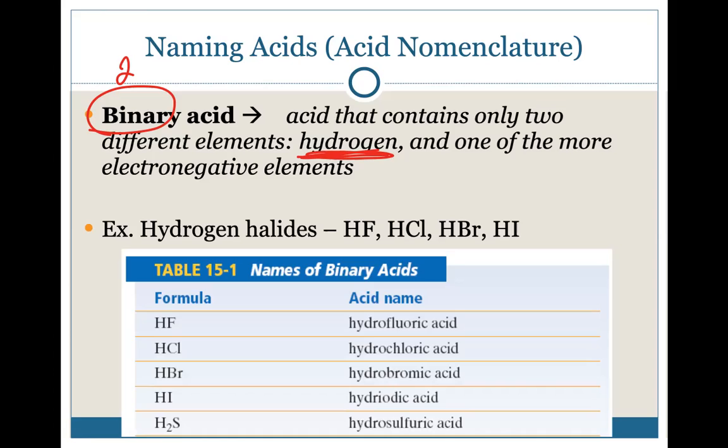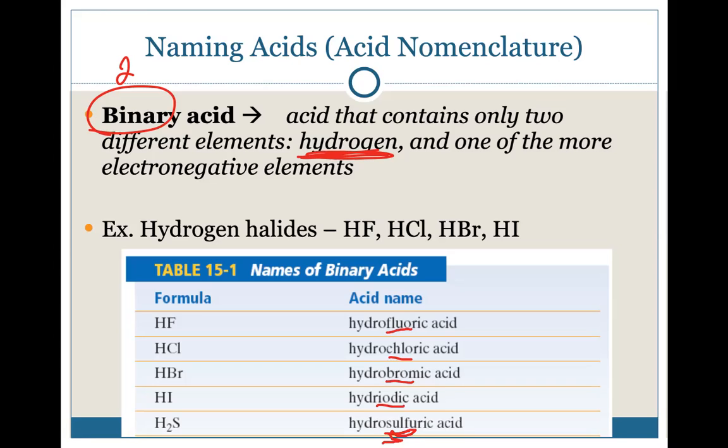The way that you name them, you can probably figure it out just by looking at the list of acid names here. So HF, hydrofluoric acid, HCl, hydrochloric acid, HBr, hydrobromic acid. So in each of these, you see that there is the root element name. And sulfur. Okay, so those are the root element names. So what do you have left?